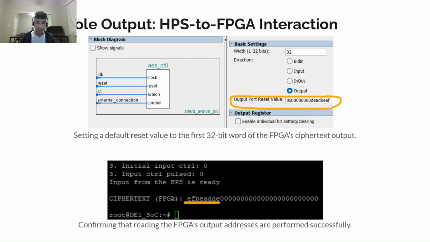Initially, our prior testing just left the reset default value of 0. So I was concerned that I would need a way to distinguish whether we can actually read from these output PIOs from the FPGA. I modified that, and I have confirmed that we can in fact read from the FPGA. So input and output reading and writing between the hard processor and FPGA functions successfully.